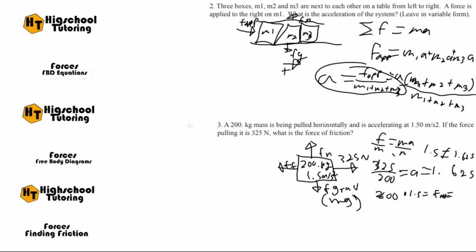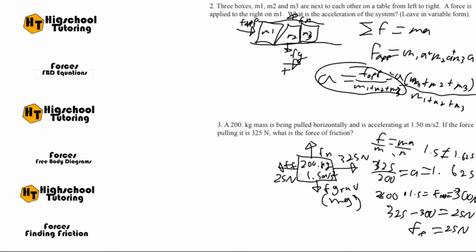So we're looking for a net force of 300 newtons. And so if it's being pulled at 325 and the net force is 300, how do we find the frictional force? I think we should just subtract them from each other. So 325 minus 300 is equal to 25 newtons, and that means our frictional force is equal to 25 newtons.